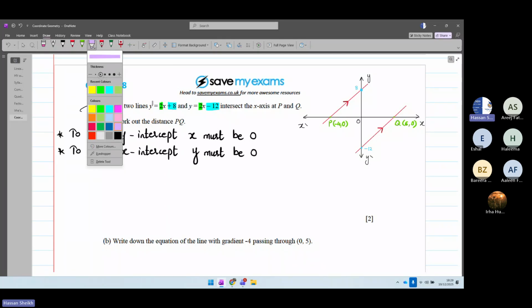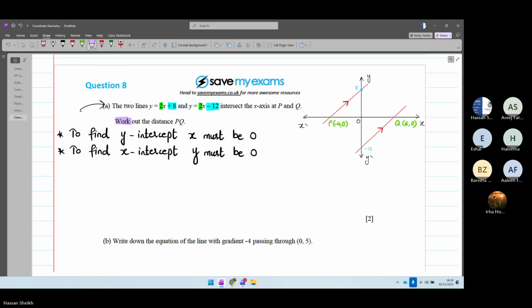Check what they ask: the distance PQ. How do I get to know that this point is P? Because they mention the two lines intersect the x-axis at P and Q. So intersecting the x-axis means x-intercept. Do you agree?